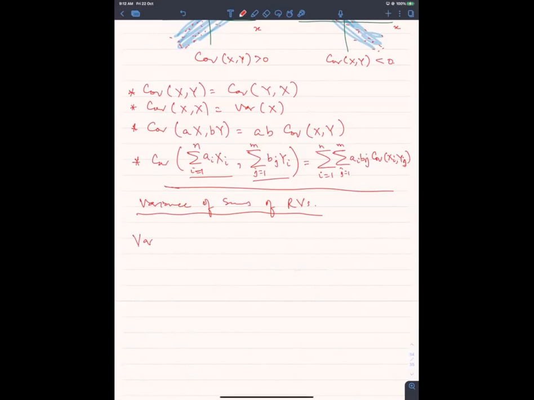Given in the notes, I'm just going to write this down for some intuitive explanation. Variance of summation i equals 1 to n x_i.